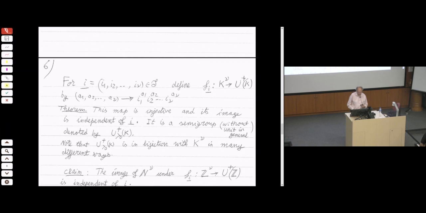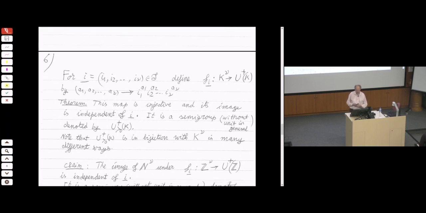Okay, now there is a parameterization of this semigroup. If you take any such sequence in this set script I, we define a map from k to the nu into U plus of k by the formula A1, A2, ..., A nu goes to I1 to the A1, I2 to the A2, ..., I nu to the A nu. There's a theorem, which can be proved, that this map is injective and its image is independent of the choice of the sequence I1, ..., I nu.